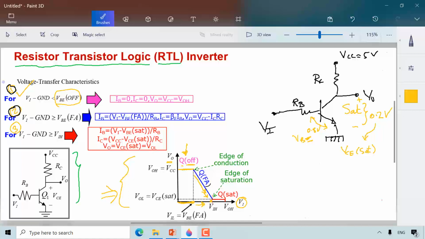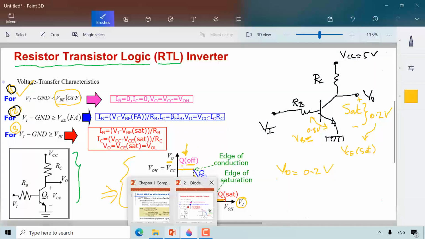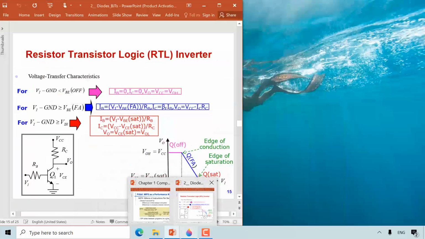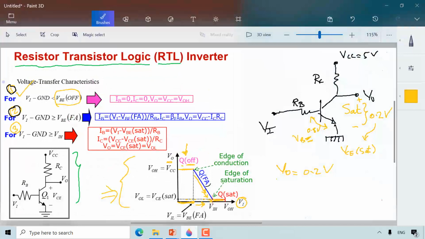Now, in this case, what happens? VO is 0.2 volt, as you can see in this region here. So the question is, what is the value of VIH, this one here?